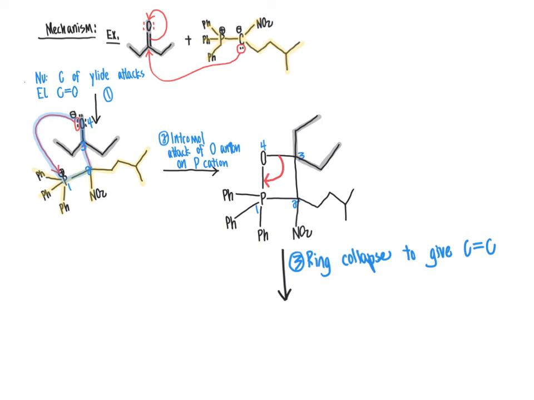As that is happening, if all we did was that, we would end up creating a carbocation right here at position 3. To avoid having to create a carbocation, which is inherently not the most stable thing in the world, we can break this weak carbon-phosphorus bond and bring those electrons over to here to make a carbon-carbon double bond, giving us the alkene group that we observe in the final product.